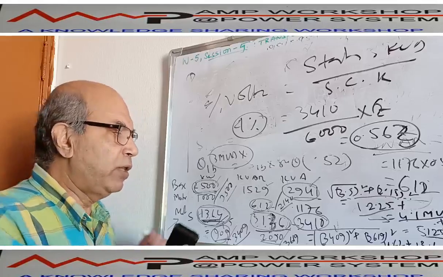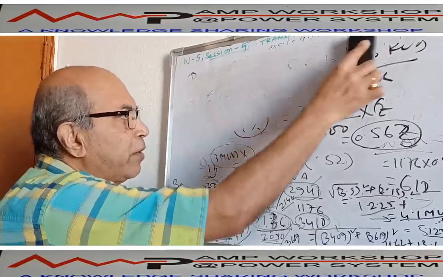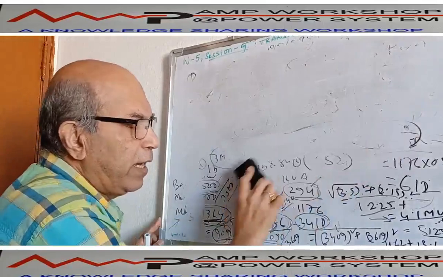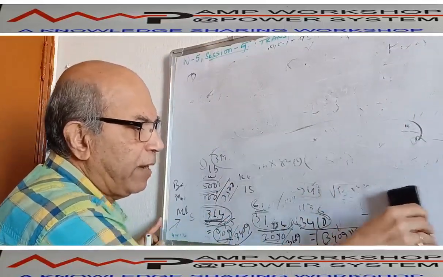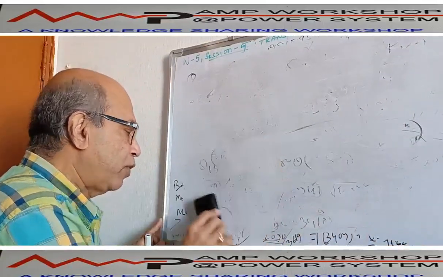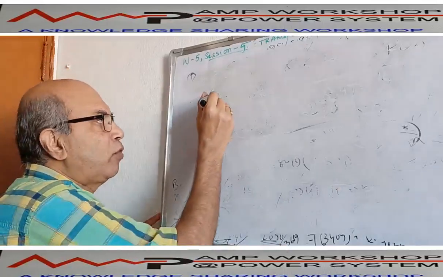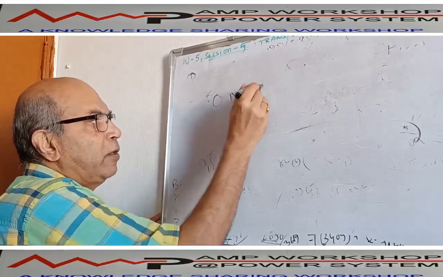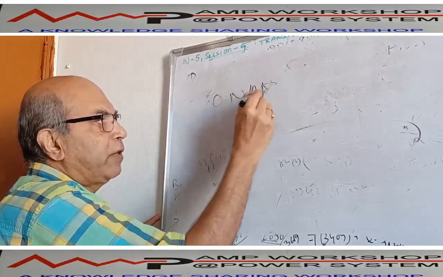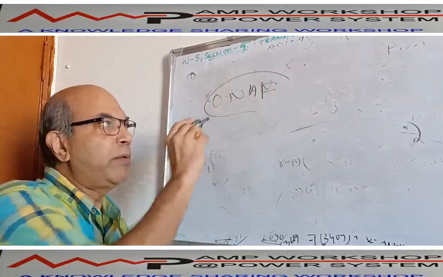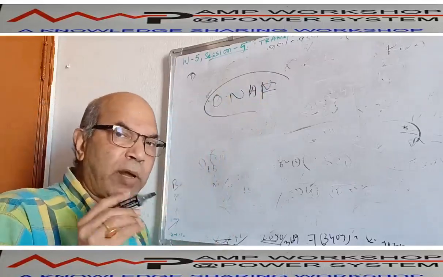So what we can do in that case, instead of an ONAN transformer, we can take an ONAN plus AF, air forced, with fans mounted on it. Because when I put the fan mounting, the transformer cooling will be ONAN normally, ONAF otherwise. Normally the transformer running will be oil natural, air natural during normal running.